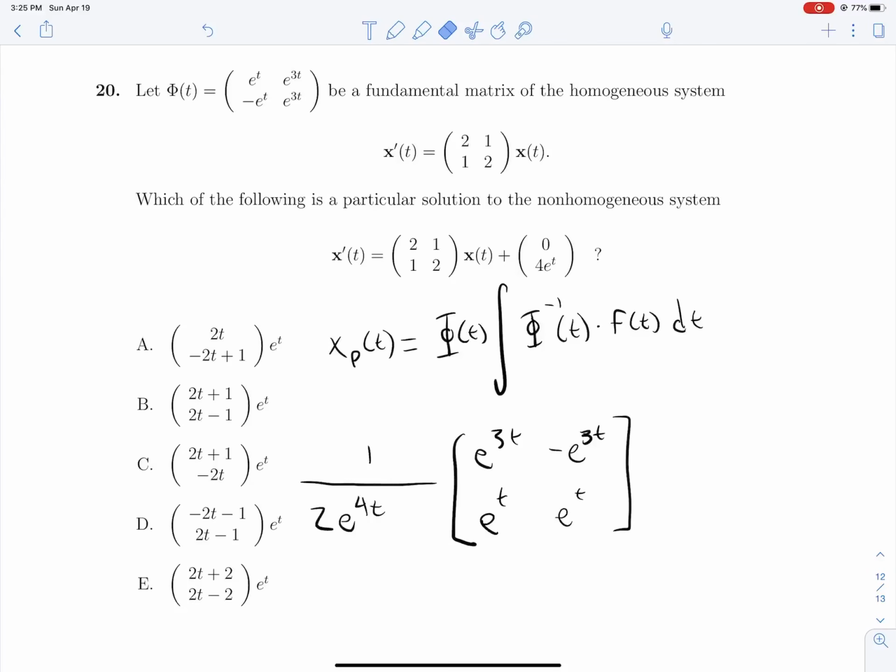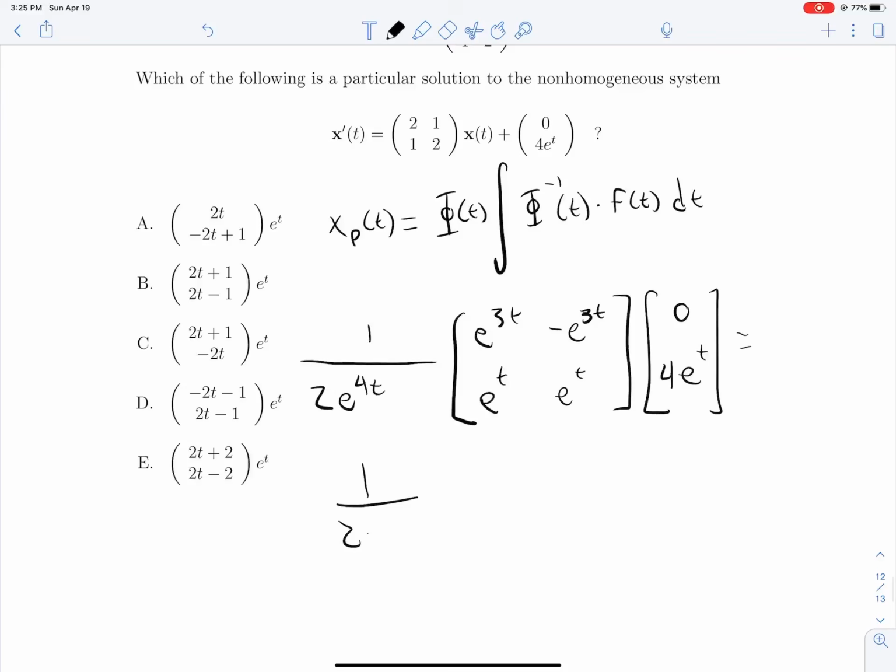Multiplying this 2e to the 4t in, actually, I don't want to do that yet. Let's multiply by f of t and then simplify everything down to take our integral. Our f of t term is just right here. That's 0 for e to the t, and this will give us 1 over 2 e to the 4t multiplied by, well, we have a 2 by 2 matrix and a 2 by 1 matrix, so we'll get another 2 by 1 matrix as an output.